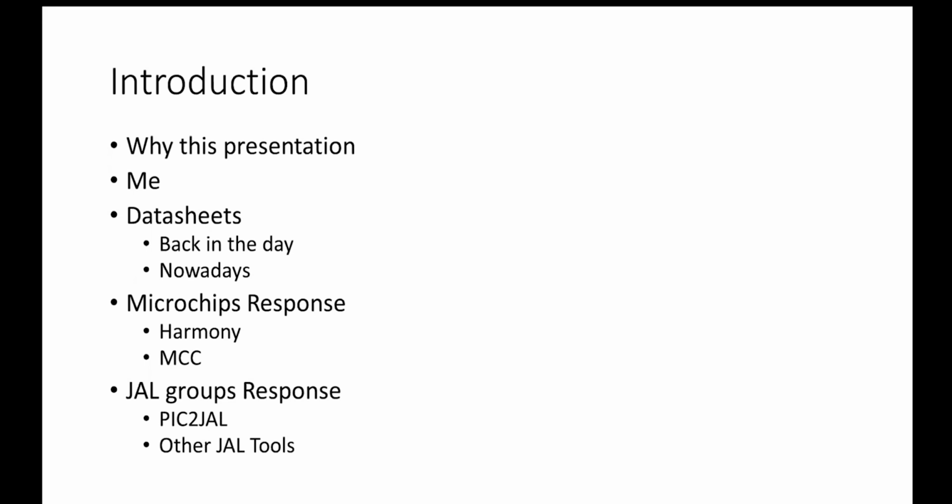The pic2jal tool takes those INC files and converts them to JAL files, and it uses the same technique of converting the names in such a way that it's always the same. And so you get JAL libraries for each of the chips that are appropriate, and you don't have to write your own JAL for each chip as you go.